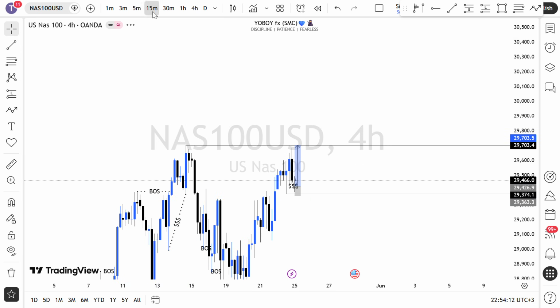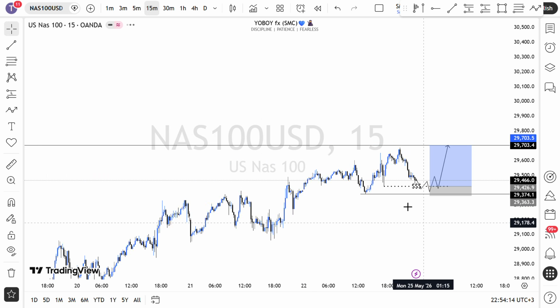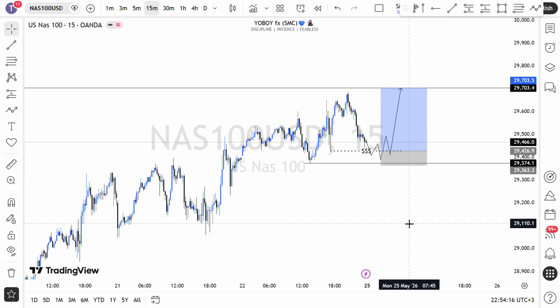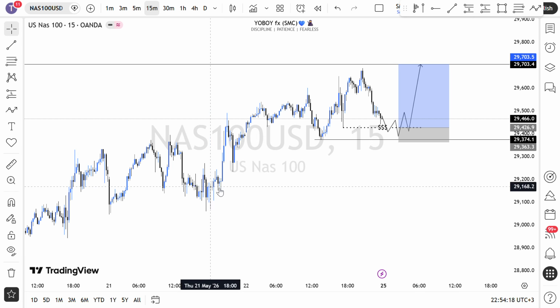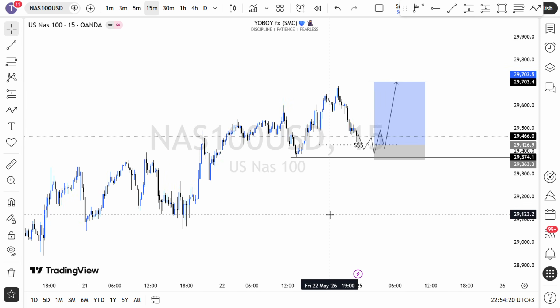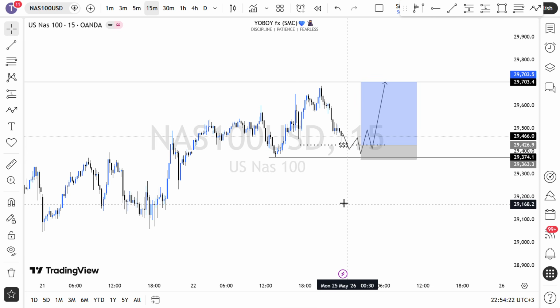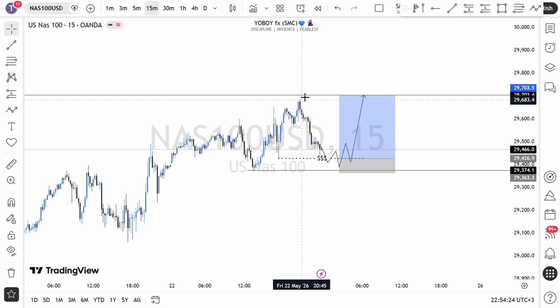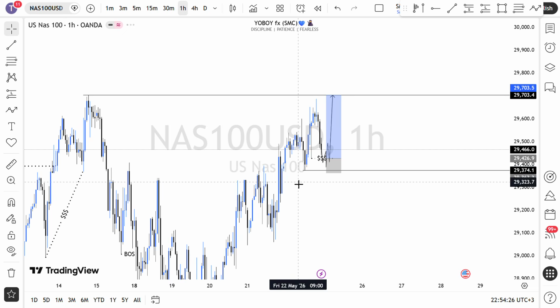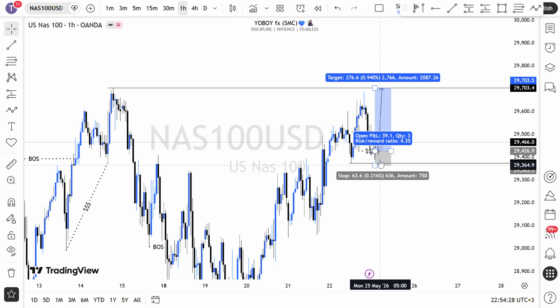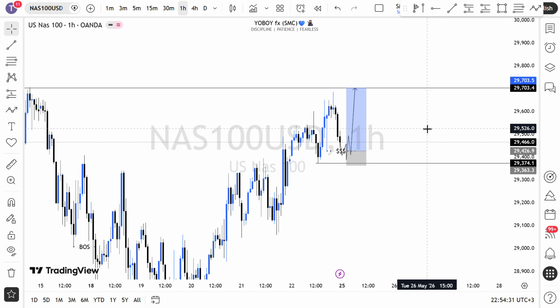But as for now, that is what I think NAS 100 will be doing. It is so unfortunate we don't have any point of interest to have an entry from. But generally, I expect price to be taking out this high. That is why I still expect more buys to the upside. So that is my view, guys, on NAS 100.